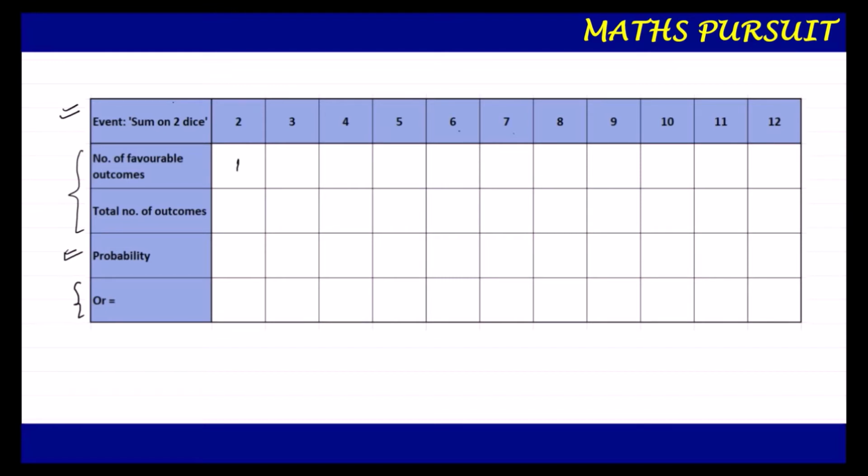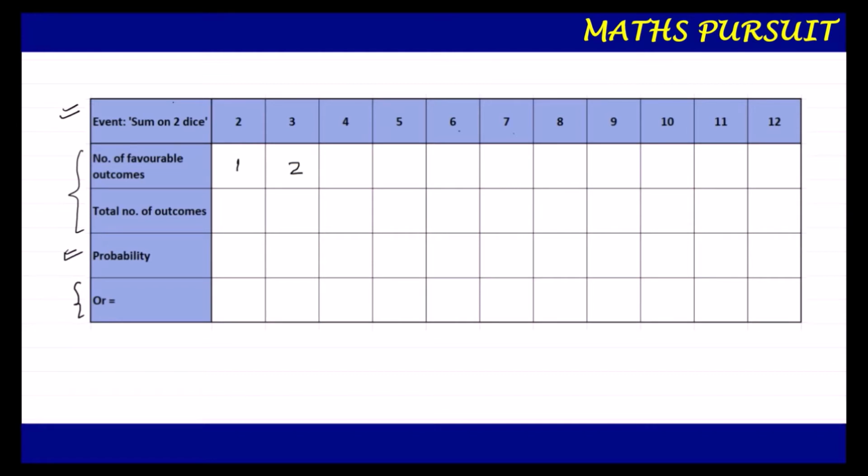Just look at the original diagram that I have drawn. You will see the number of favorable outcomes for getting a sum of 2 once we throw 2 dice is 1. For a sum of 3 when we throw 2 dice it is 2.